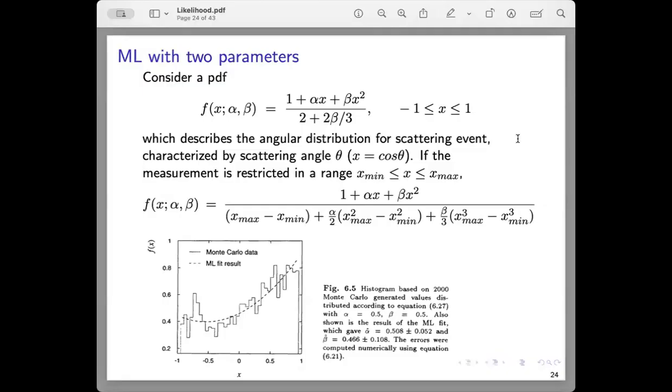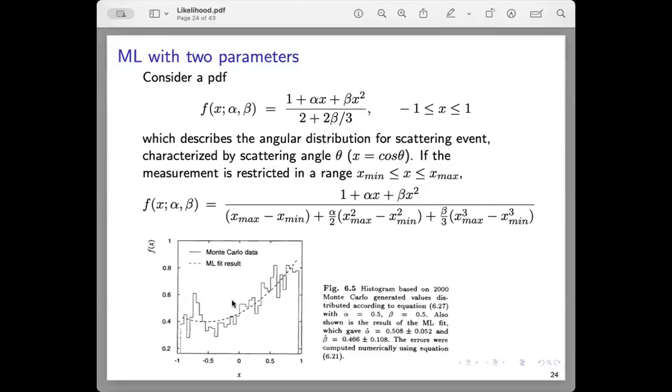Now this data set, an example taken from that book, is generated using the parameter values alpha equal to 0.5 and beta equal to 0.5, and 2000 events have been generated. Then you perform the maximum likelihood fit, assuming that you don't know the values of alpha and beta, but you know the PDF.